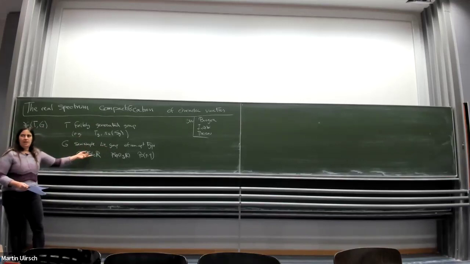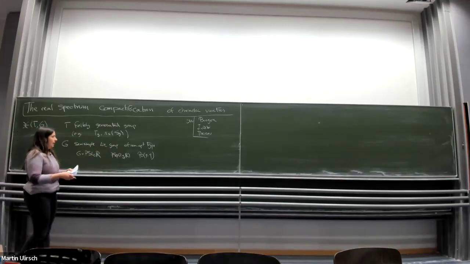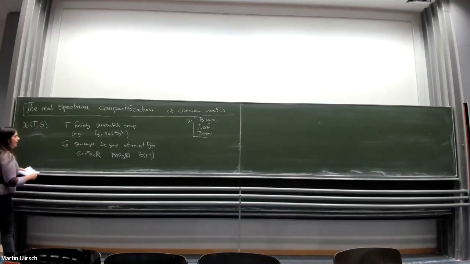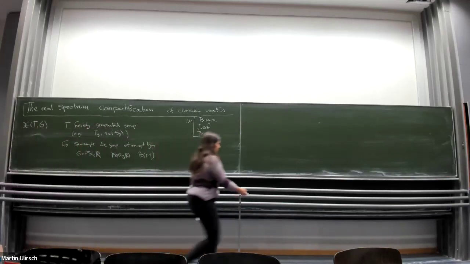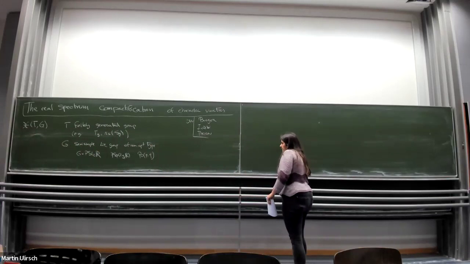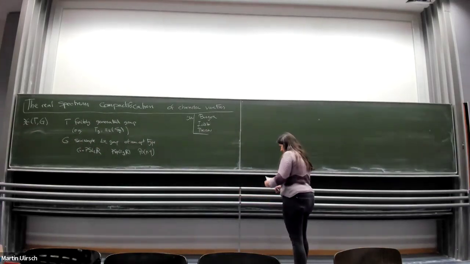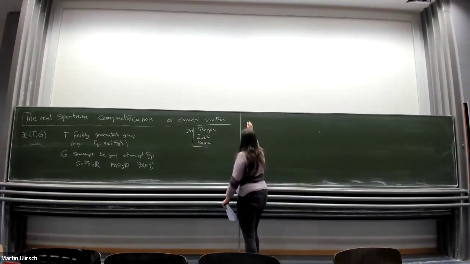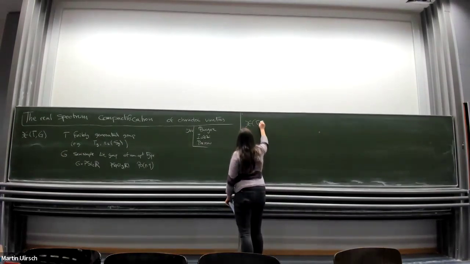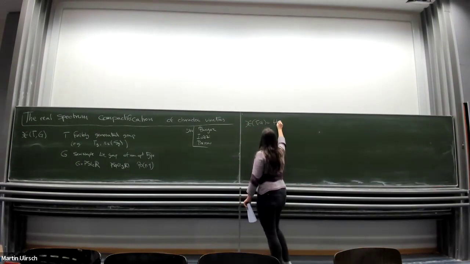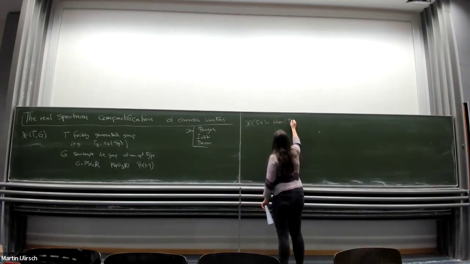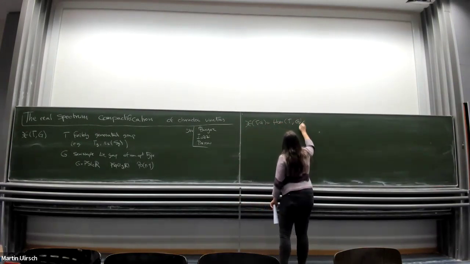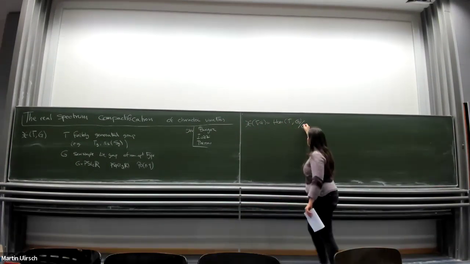These are the groups coming from linear algebra. And the character variety is going to be the quotient of the space of morphisms from Γ into G up to the G action by conjugation.